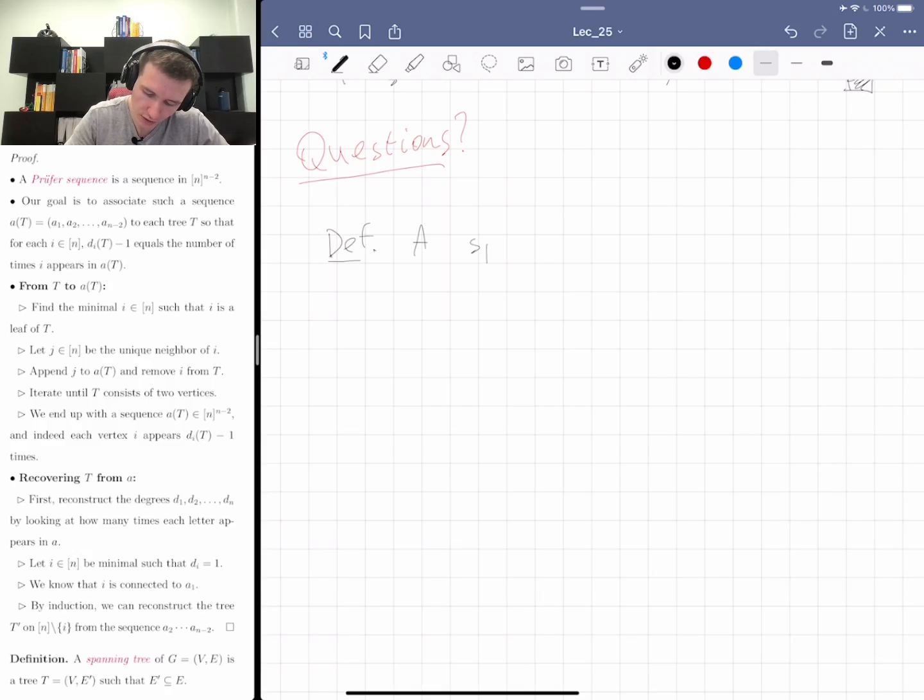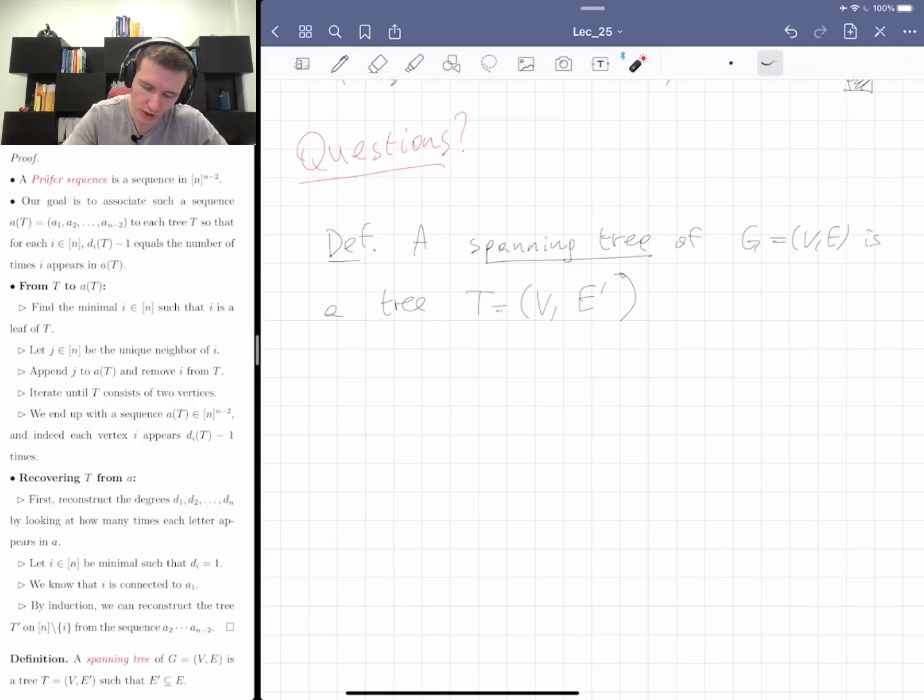So a spanning tree of a given graph G is a tree T on the same set of vertices, but on some other set E prime, which is a subset of E. So you start with a graph. You're allowed to remove some edges, but you have to preserve all the vertices, and you have to end up with a tree.